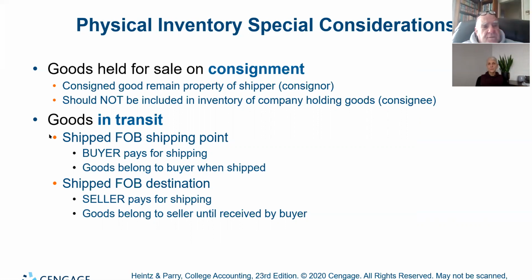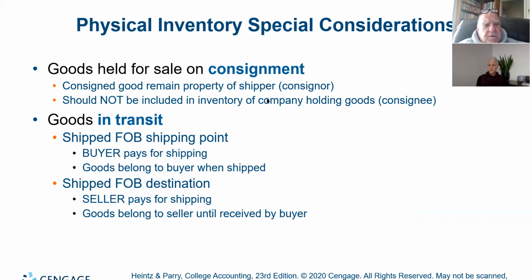At that point, they pay us $40, say, to buy it from us as prearranged. Consigned inventory. The key thing with the consigned inventory, it should not be included in the inventory of Macy's, the company holding the goods. That's Chanel's inventory.